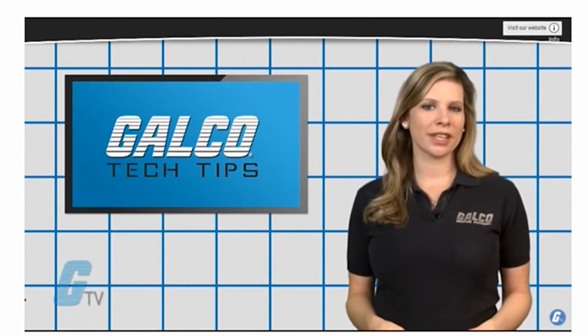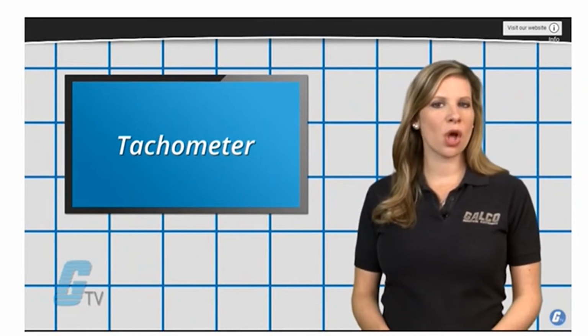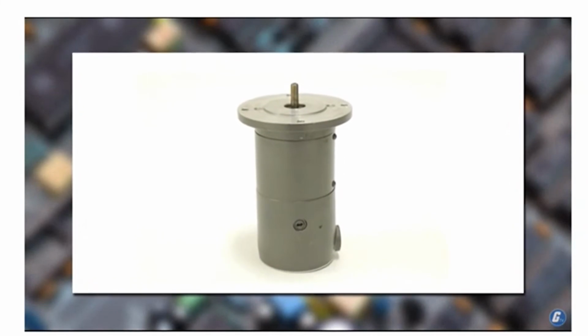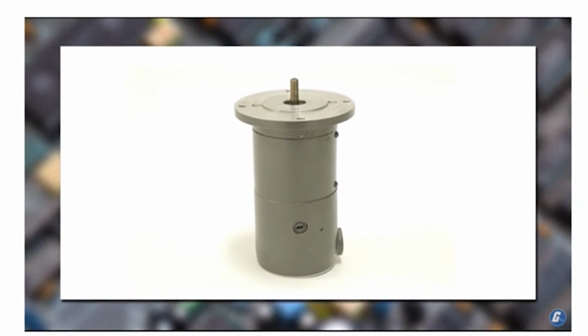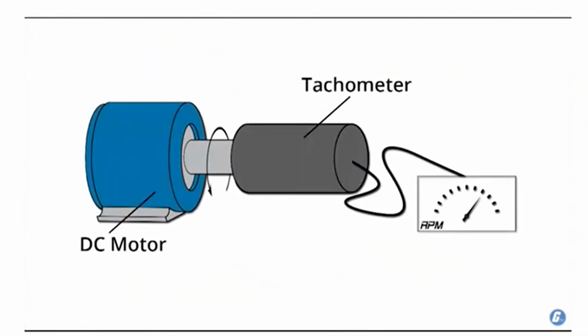In motor drive applications, a tachometer device is essentially a small DC motor. The tachometer is designed to produce an analog voltage directly proportional to the rotational speed of its shaft. The shaft of the tachometer is typically coupled to the shaft of a larger DC motor.